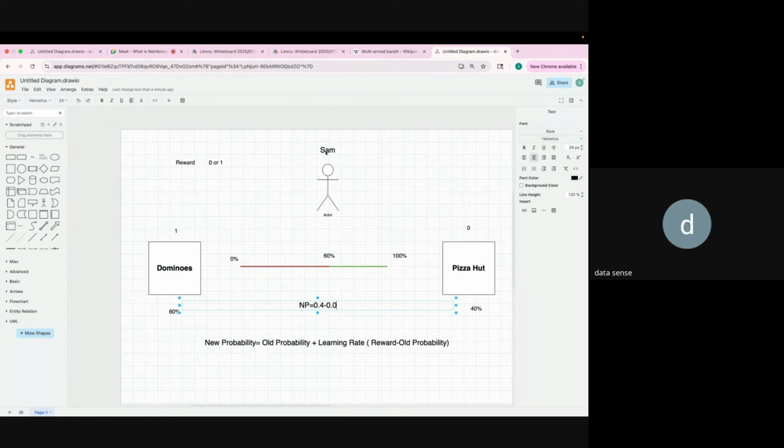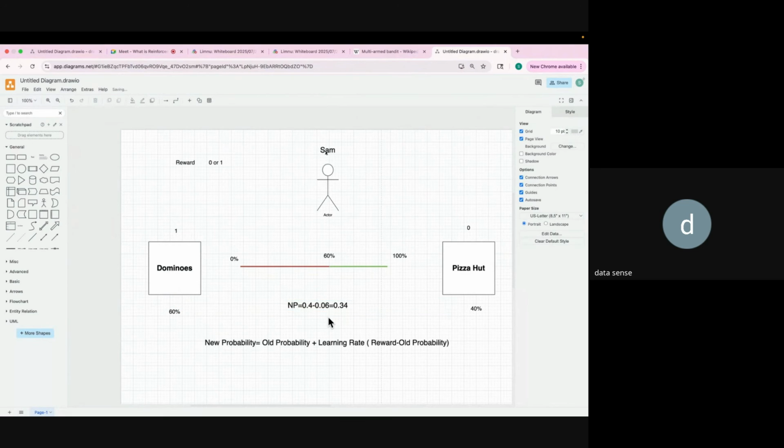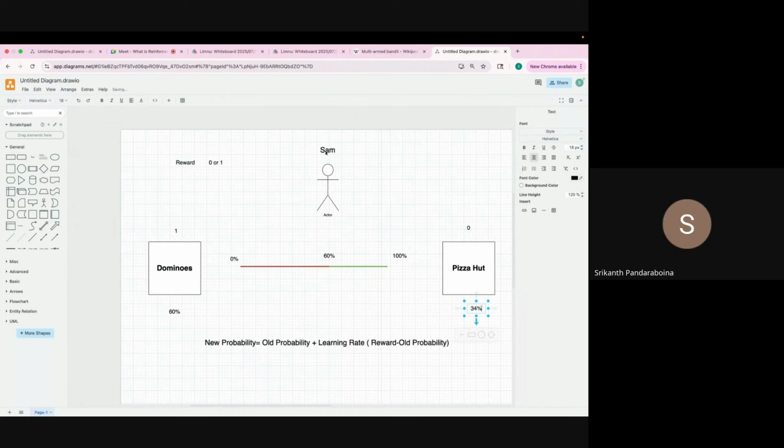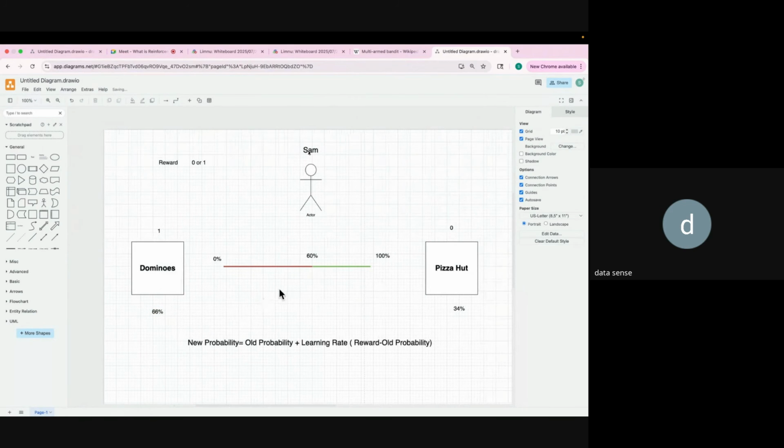Minus 0.06. So what will this become? 0.34. So instead of 40%, it will become 34%, and automatically this will become 66%. So this green line will further reduce, and this red will increase, and this becomes 66%.